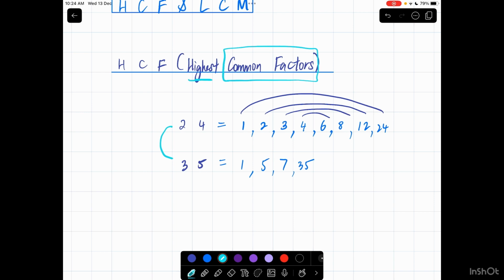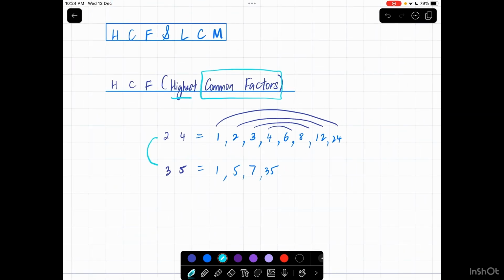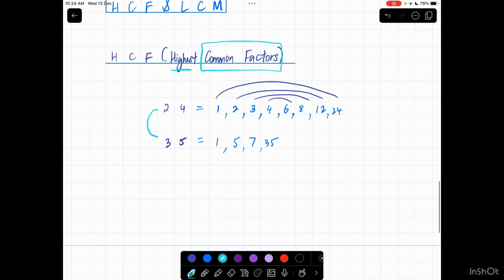But common factors are just the numbers that appear in all of the lists of the given question. So for this particular question, the common factors are just 1. So the highest common factor can only be 1 because that's the only possible number.